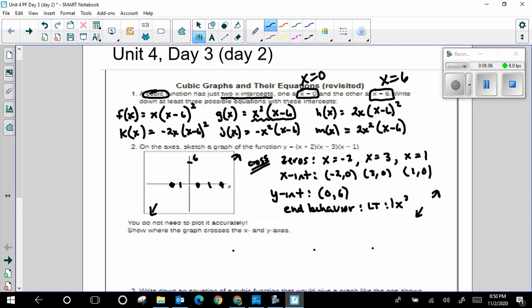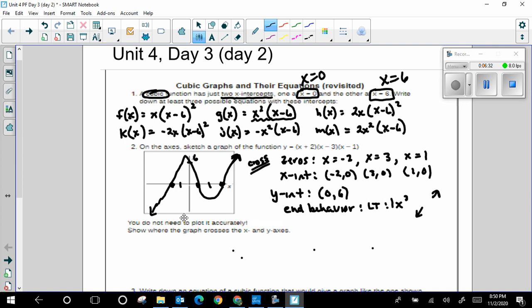All right, so this is just a sketch, so I have to connect my end behavior arrows. I have to go through the zeros and the y-intercept. Okay, so I'm going to bring it up here like this. I'm going to come back down, and I'm going to bring it up like that. So I don't have any extra crossing points. I've gone through the y-intercept.